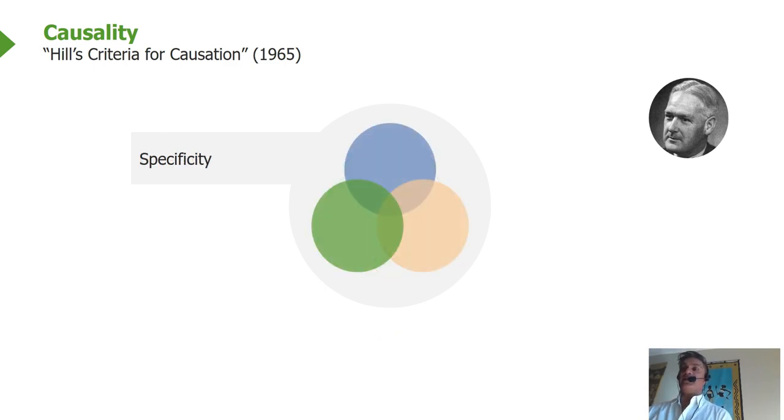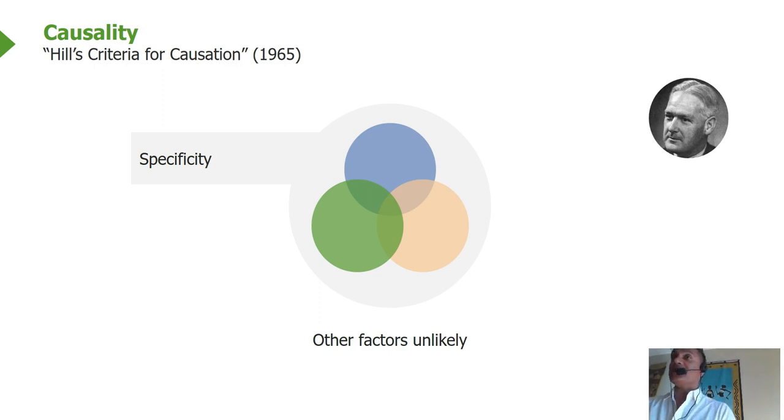Number 3, specificity. What does that mean? It means that it looks like this is the main, I don't want to use the word causal, but the main factor that is strongly associated with the outcome we care about. So the smoking and lung cancer one. Okay, it seems like every time people smoke, or a population smokes at a high degree, lung cancer rates go up.